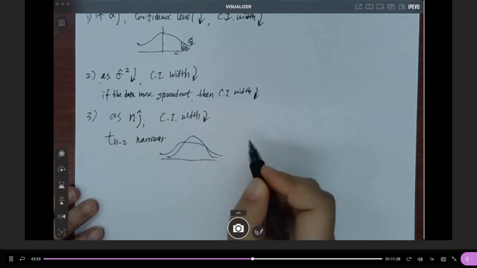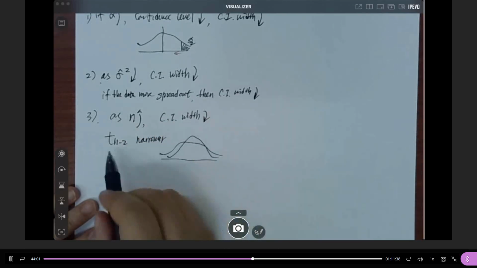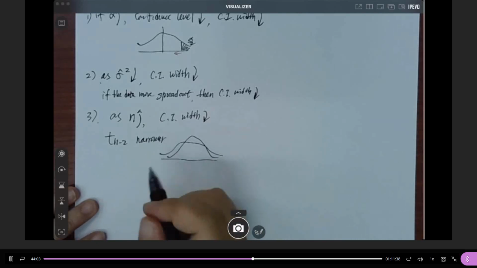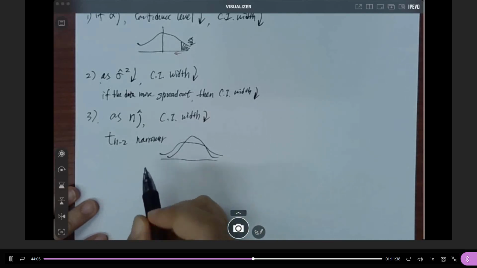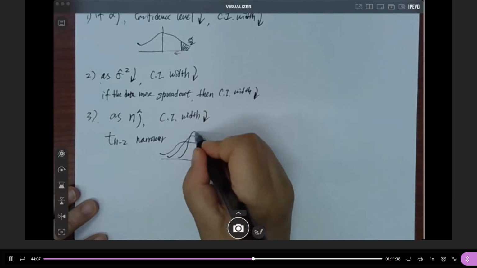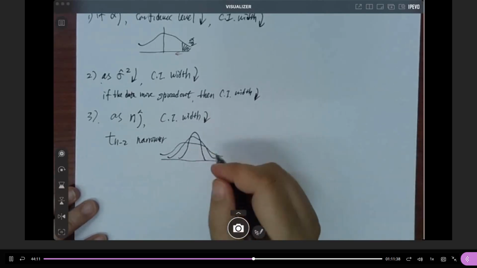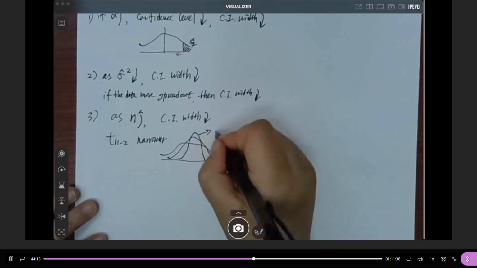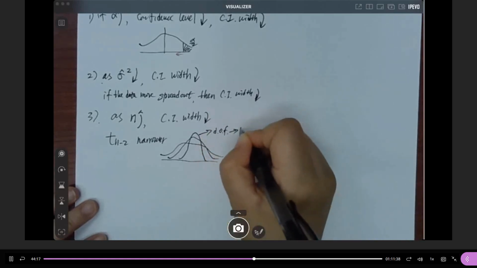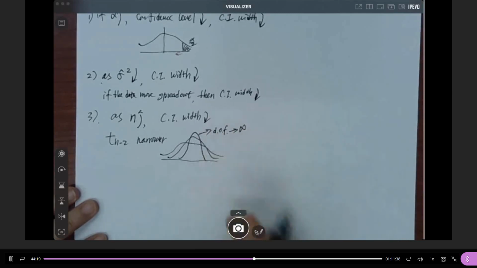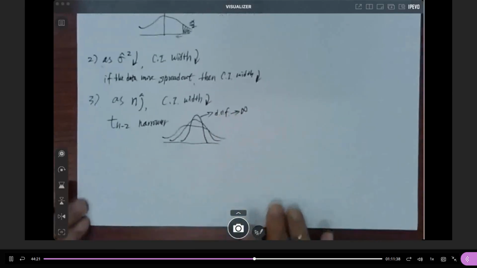Higher degrees of freedom is narrower, sharper. If you have n equal to infinity, it is pretty much the same as the standard normal. So the sharpest one is when n is equal to infinity, okay?